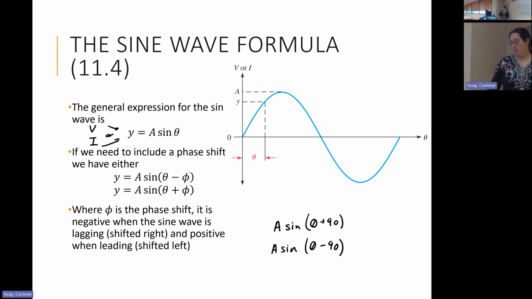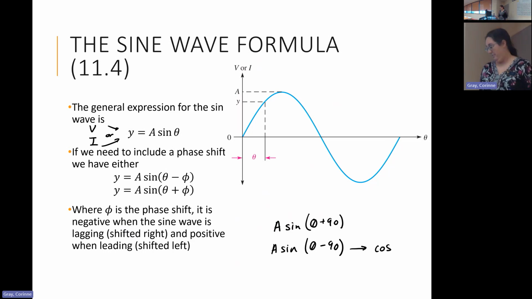So let's say hypothetically I wanted to go from sine to cosine and do it that way. It's going to be one of these. It's going to be either positive or negative 90 degrees. Could it be positive?